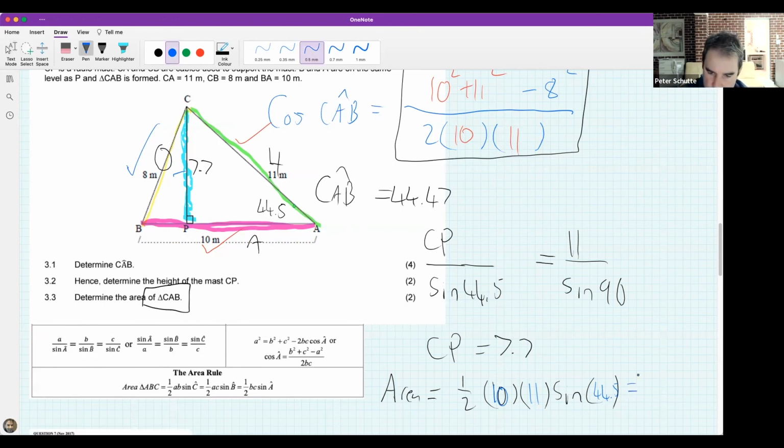So you should get 38.55 meters squared. Come on, we can do it. There we go, 38.55.